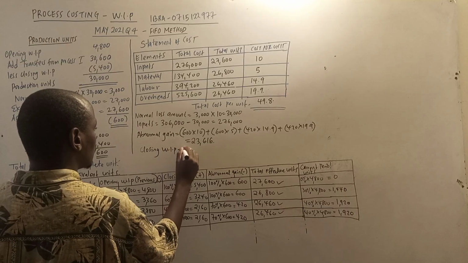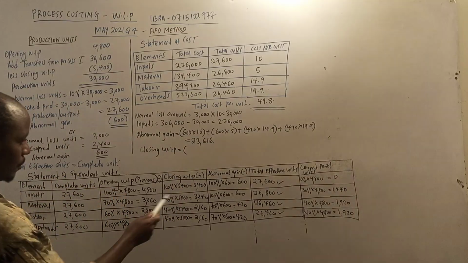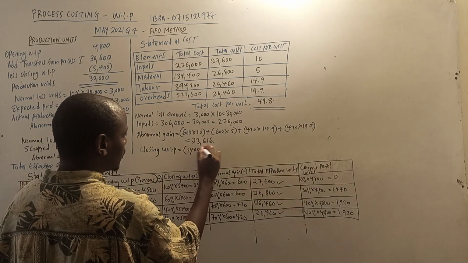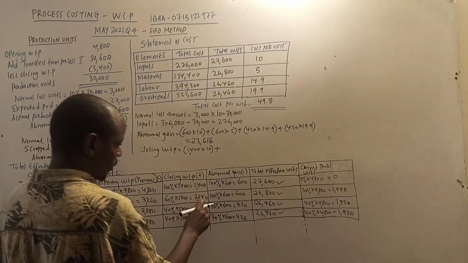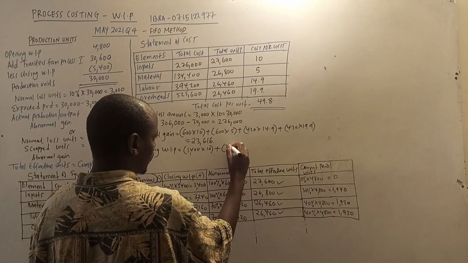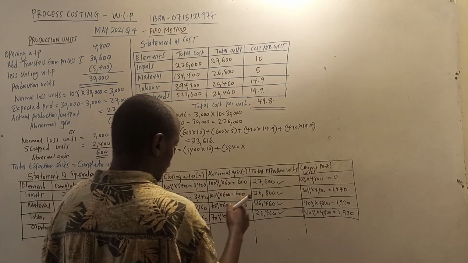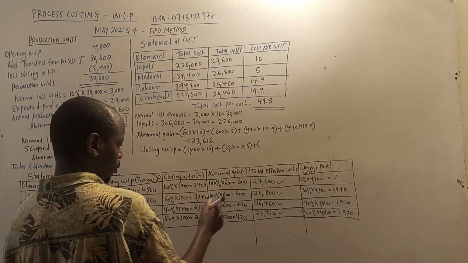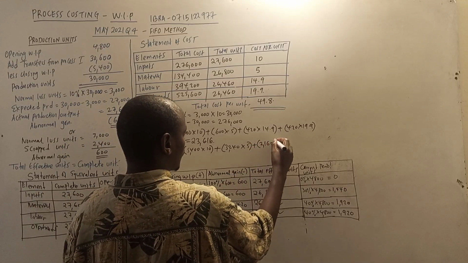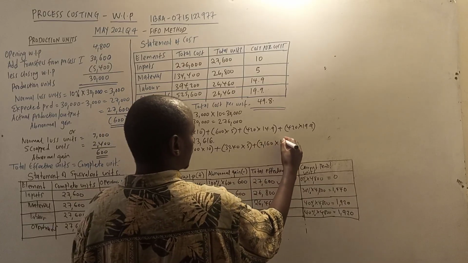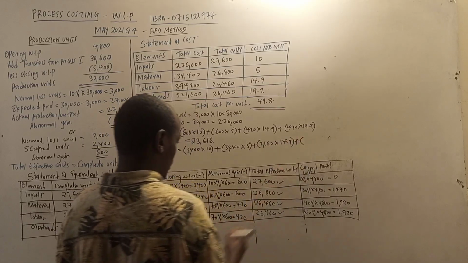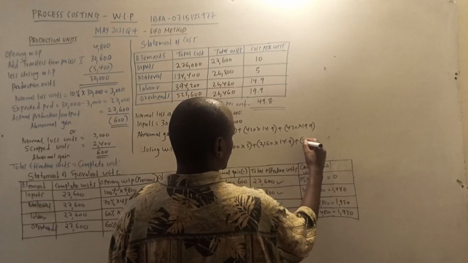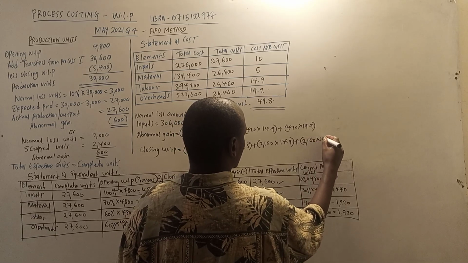Closing work in progress. So where is it? Here. You have 5,400 times 10 cost per unit, which is 10. Then you have 3,240 times 5. Then 2,160 times 14.9. Then 2,160 times 19.9.